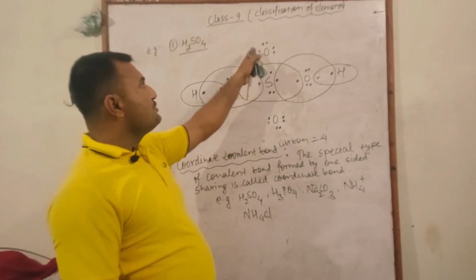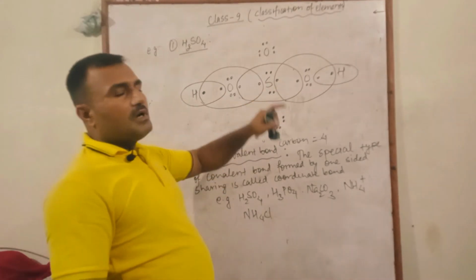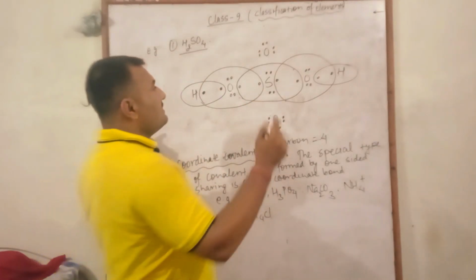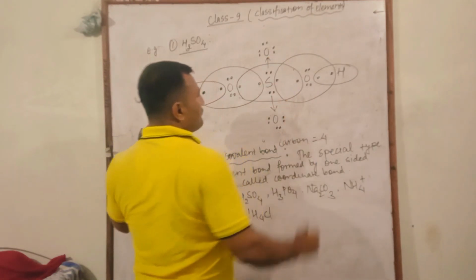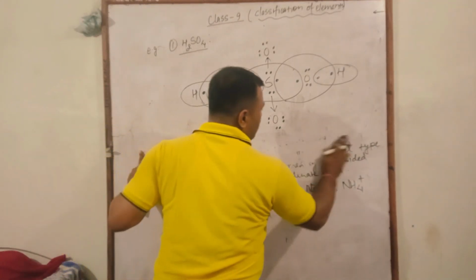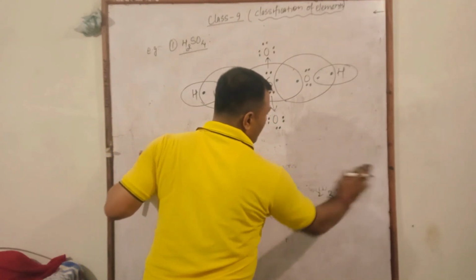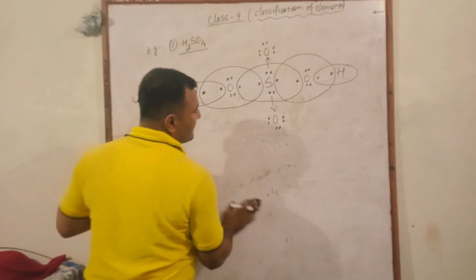That oxygen completes its octet by sharing 1 electron from sulfur and 1 from hydrogen. After that, these two oxygens need electrons, but sulfur has no need. Therefore, it donates a pair of electrons to both oxygens. And what we found is that two types of bond are formed here. One is the general covalent bond by mutual sharing.